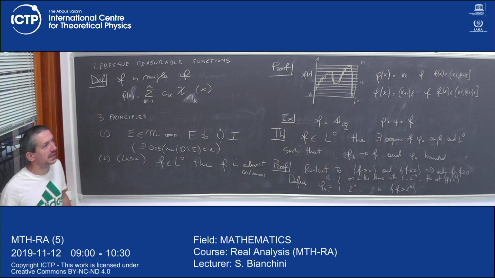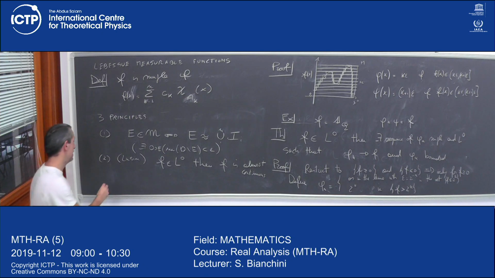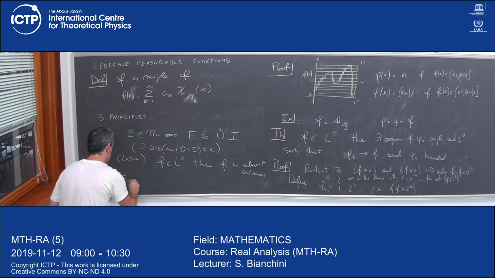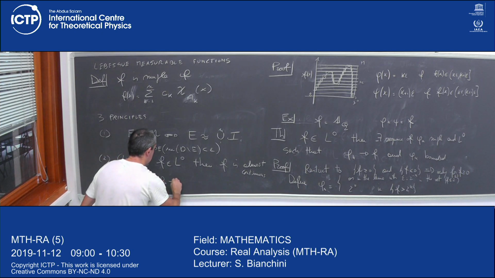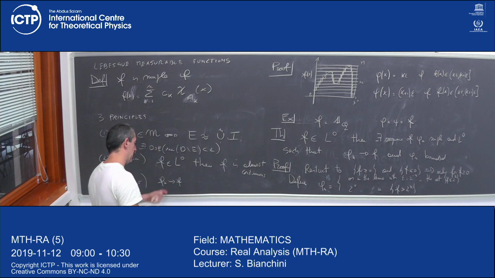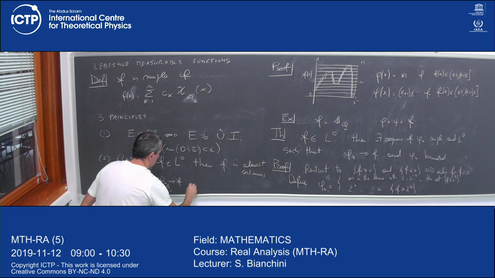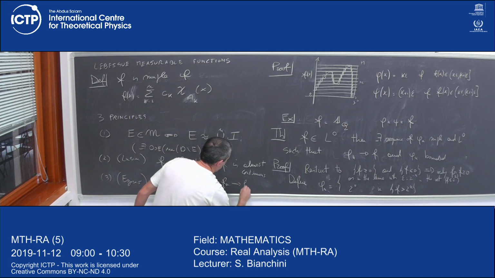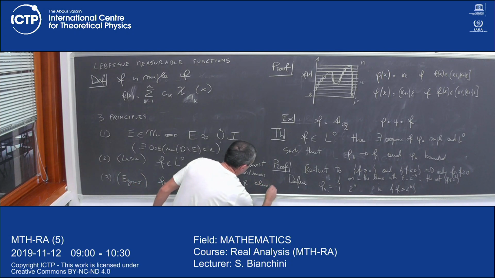Which is so strange, because the indicator function of the rational numbers is almost continuous. And now there is Egorov, which is that if f_n converges to f and they are measurable, then, okay, in a set of finite measure, but we will see later, then f_n converges to f almost uniformly.